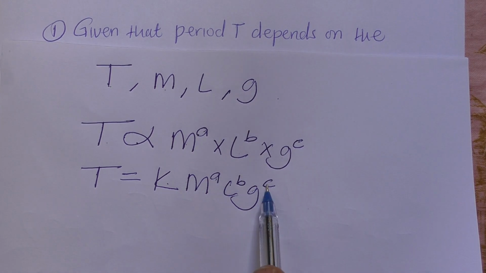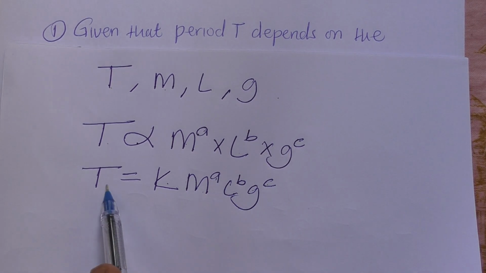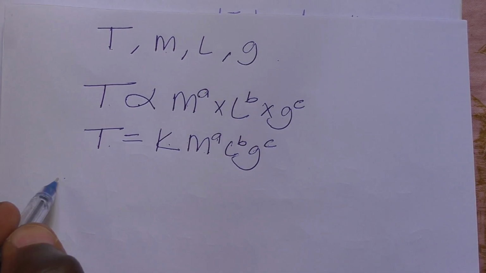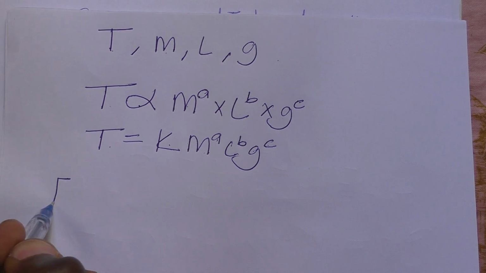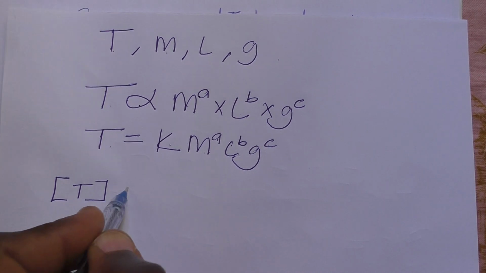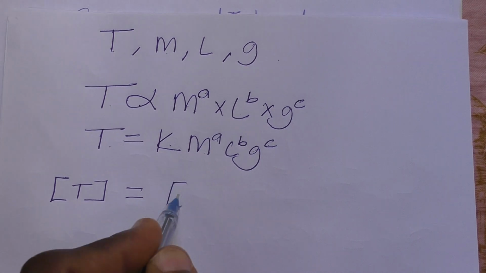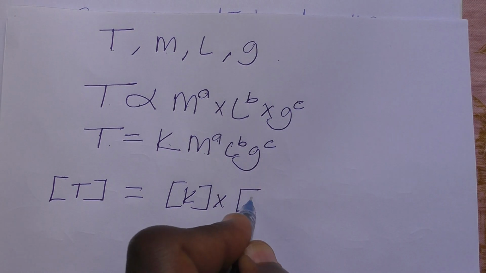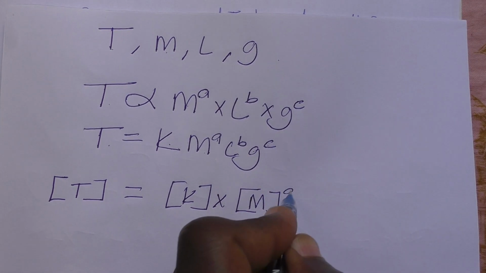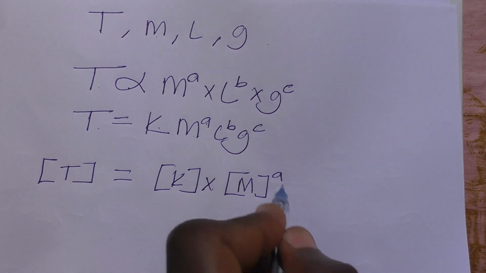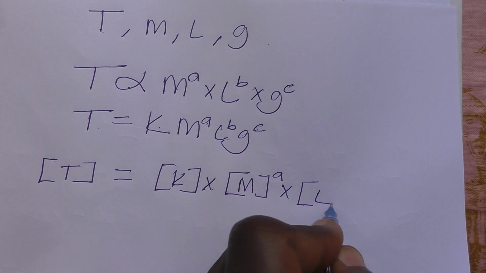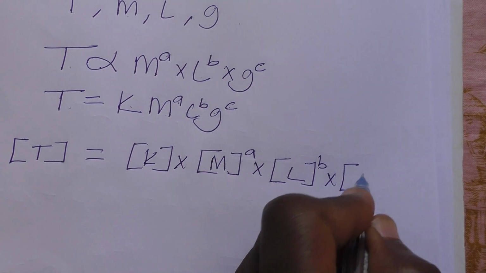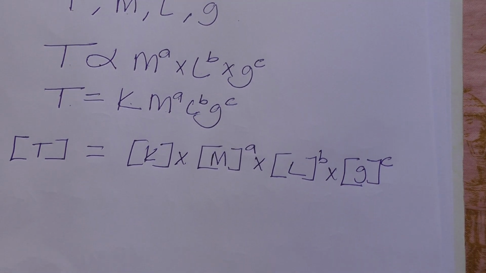They are the powers that will tell us how each affects the period T. And therefore, when we take dimensions, on the left hand side, dimensions of T must be equal to the dimensions of K times dimensions of m to the power a times dimensions of L to the power b times dimensions of g to the power c.